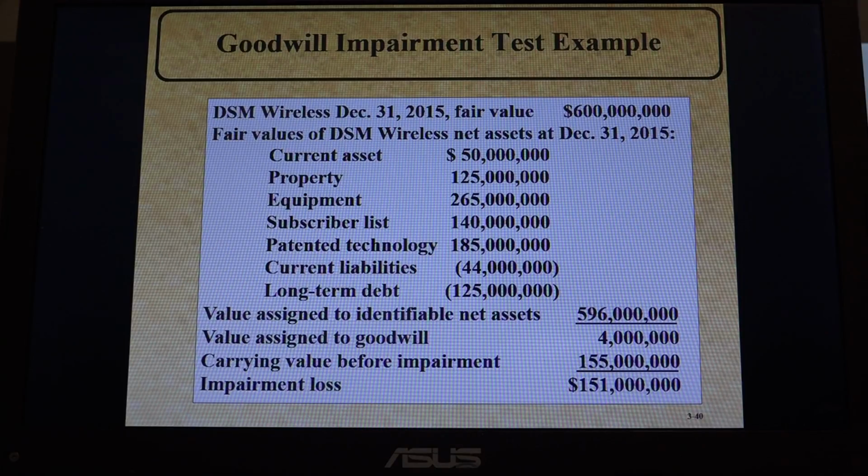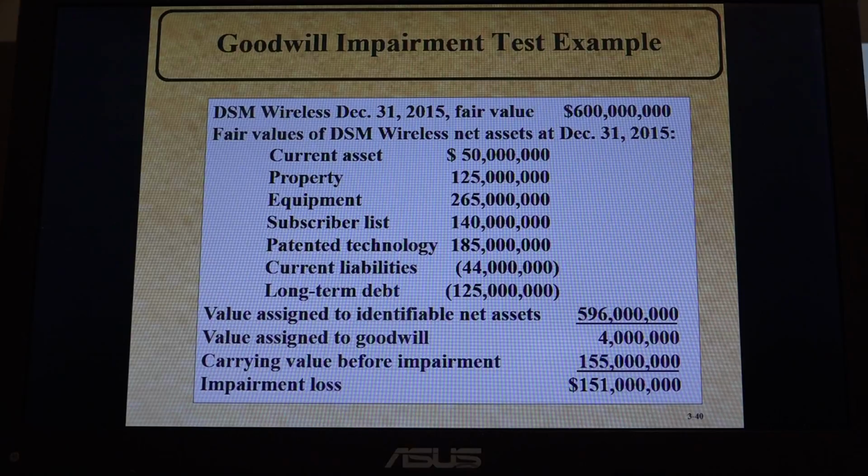What they come up with is the value assigned to identifiable net assets, and then what they come up with is a fair value that is in excess of the value assigned to the identifiable net assets of $596 million. So there's an excess of $4 million.